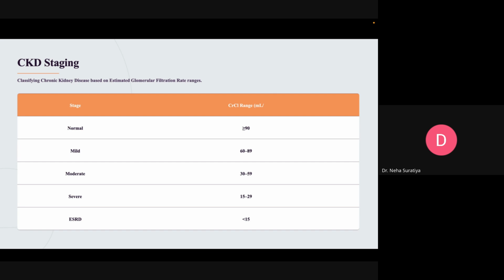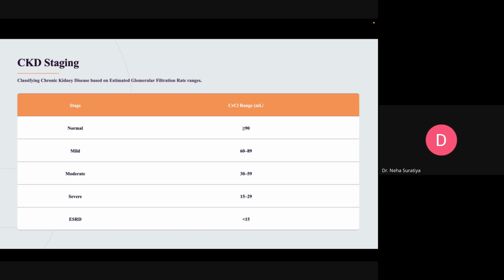This is extremely important to understand, guys. If the patient falls under the mild category, usually no dose adjustment is needed. But if the patient falls under the moderate category, after the Cockcroft-Gault formula gives you the creatinine clearance, you will need partial dose reduction. Obviously you need to do a reduction, right? Another method is increasing the interval. I will discuss that later, don't worry.